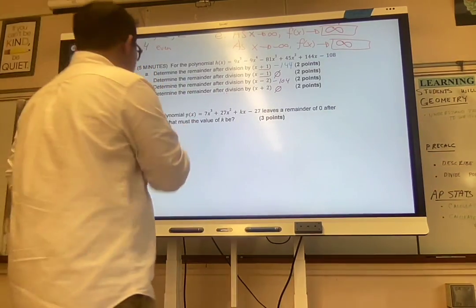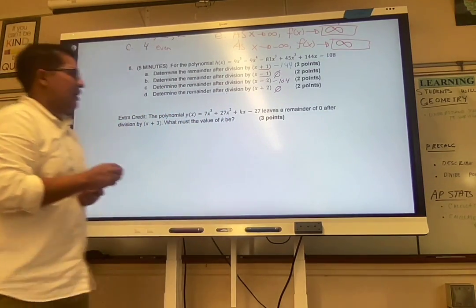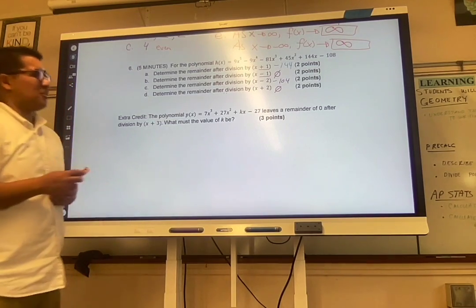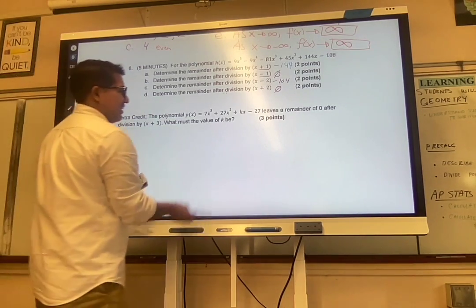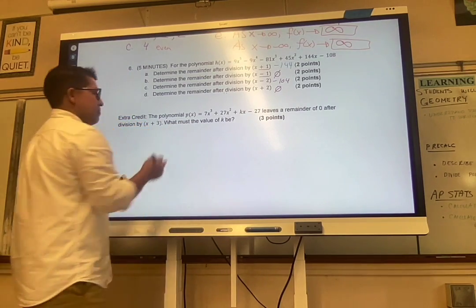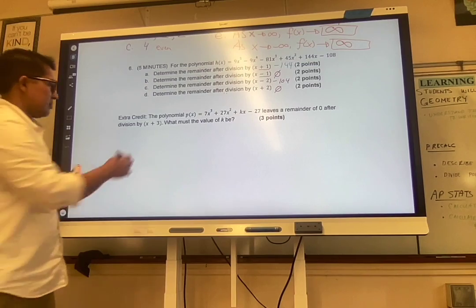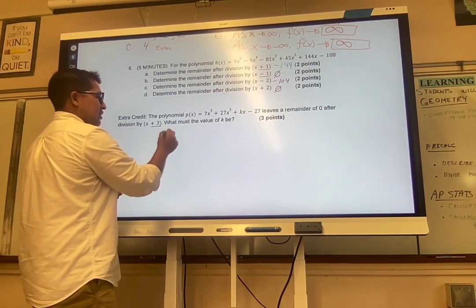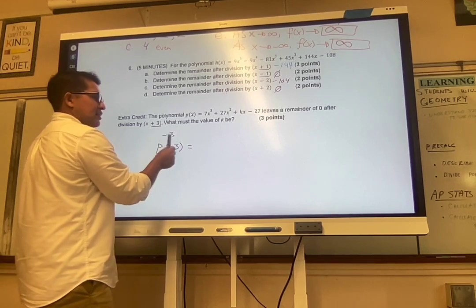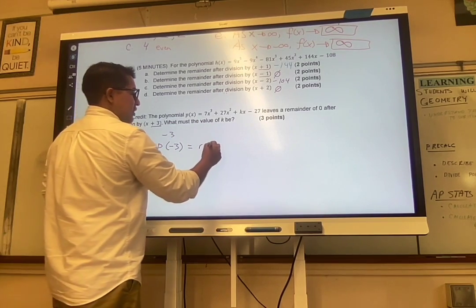My suggestion, if you're trying to do the extra credit for this question, is to look at our examples that we've done for this one before. In our examples, we've said take this number, switch it to make a -3, plug it into the polynomial. We know that when we plug this in, the answer is the remainder.